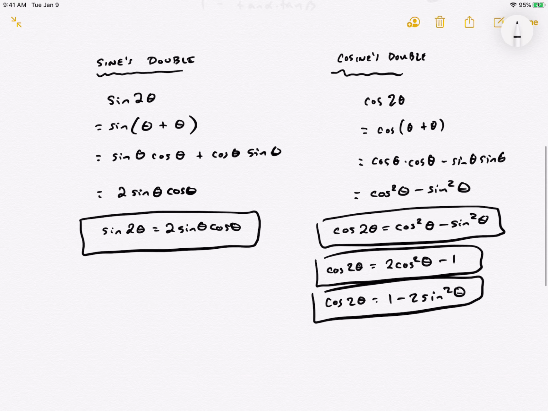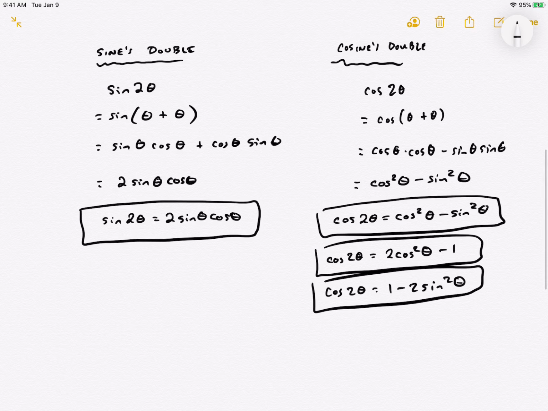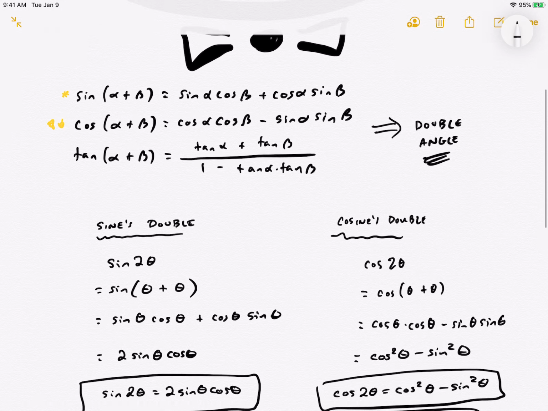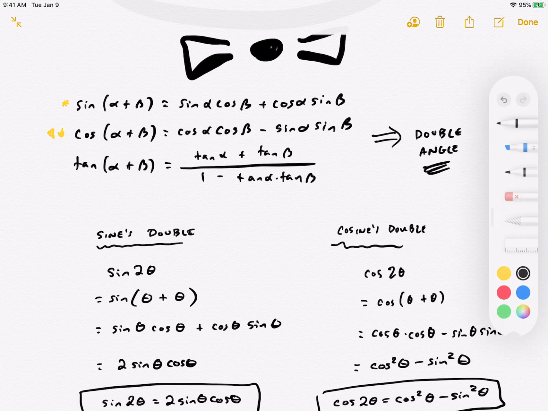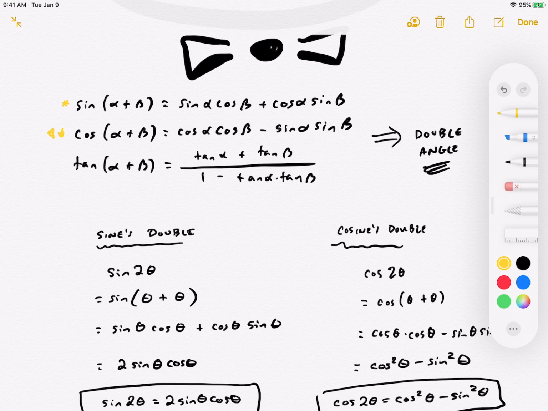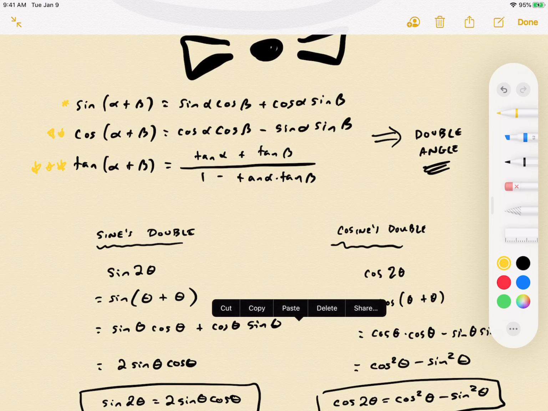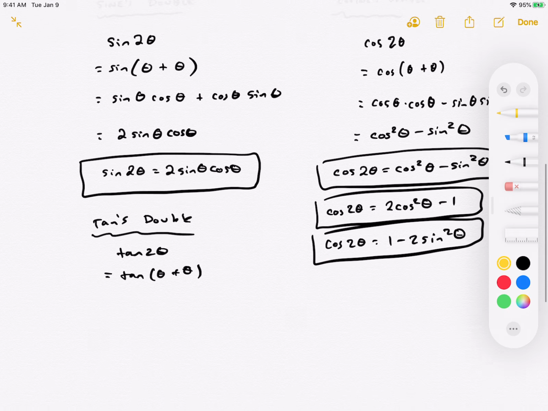Lastly, we can think about tan's double. Tan's double angle identity is also easy to think about through its angle sum. So this is tan of theta plus theta. And now I'm just going back and thinking about my angle sum identity for tangent right here, where it's tan alpha plus tan beta over 1 minus tan alpha times tan beta.